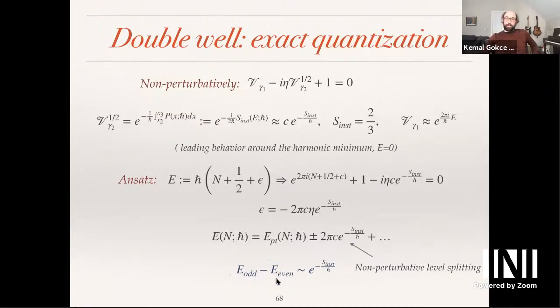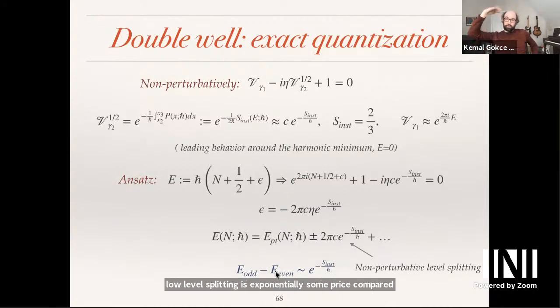If I did just pure Bohr-Sommerfeld, I would totally miss this, because the leading term in the level splitting is exponentially suppressed compared to the level itself. So this is not only a quantitative correction to the spectrum, this is also a qualitative feature of the spectrum, the resurgent terms.